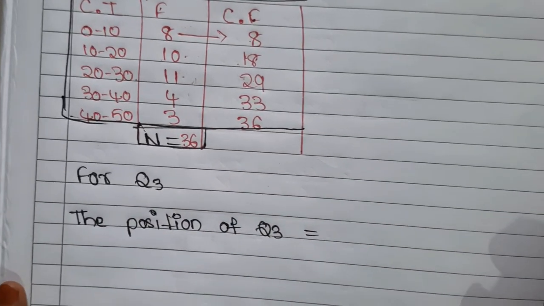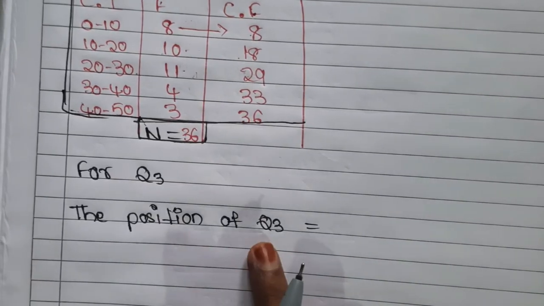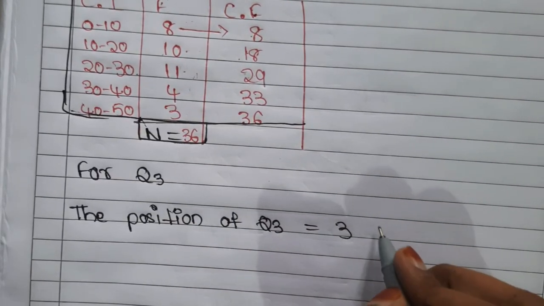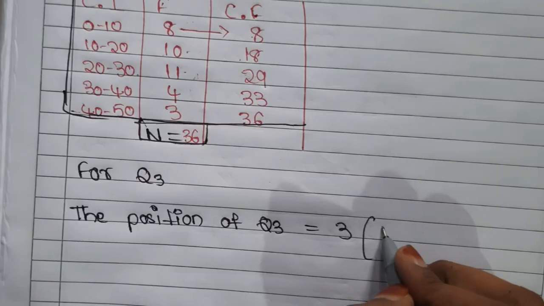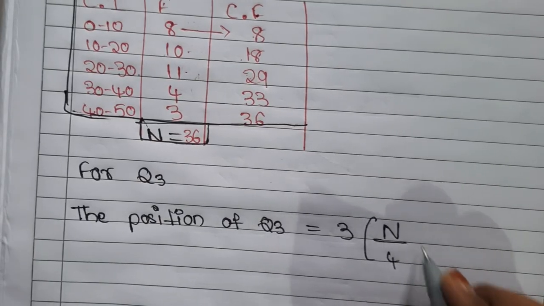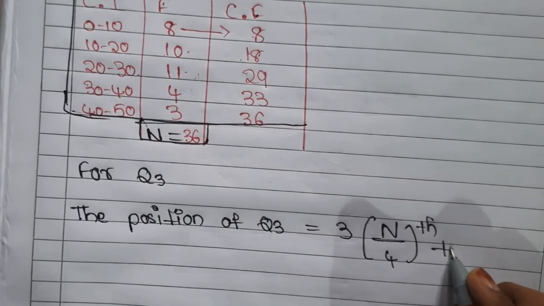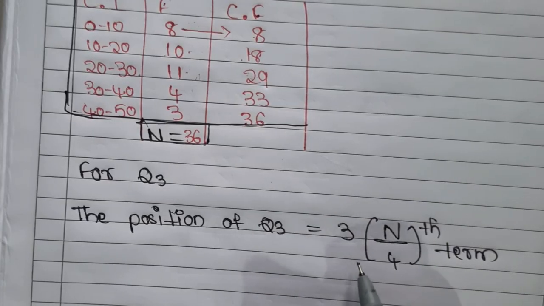How much is the position of Q3? The formula of the position of Q3 is 3 into n by 4th term.